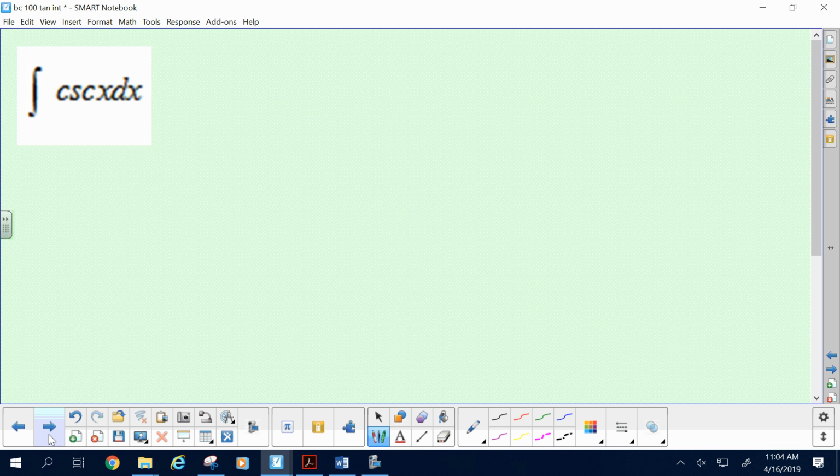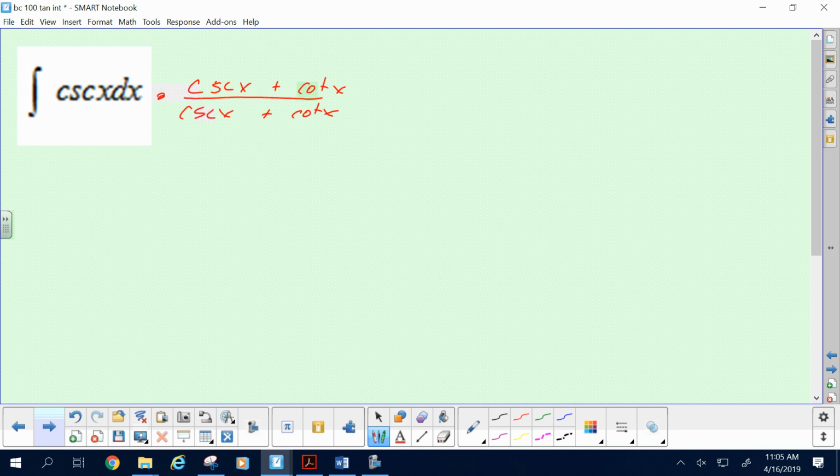So what do you reckon I'm going to multiply by? Cosecant. Now, it's a good idea. Last time we multiplied by secant plus tangent, right? So it would be logical here to multiply by cosecant plus cotangent. Let's see if that'll work, because we know these guys have negatives going on.